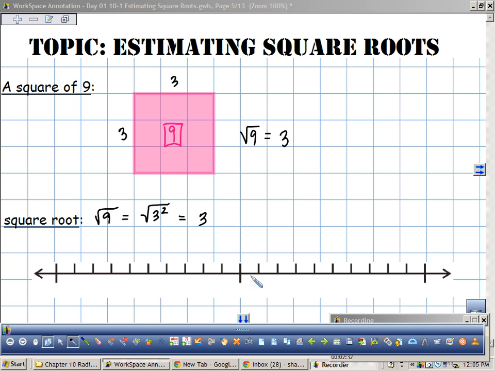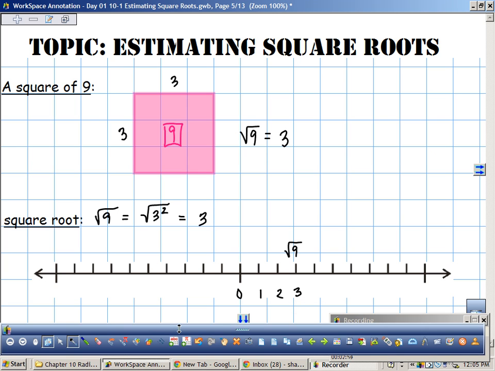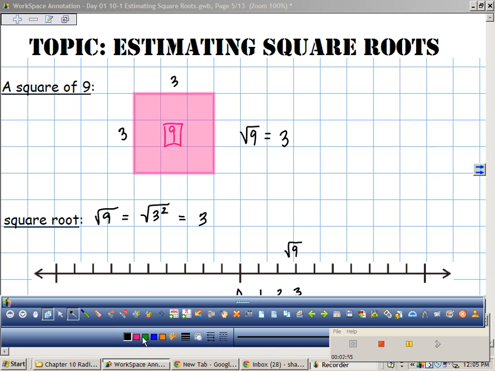Let's look at it here on a number line. So if this was 0, 1, 2, 3, we'd also say that this was the square root of 9. Correct? Everybody with me so far? Let's try this.